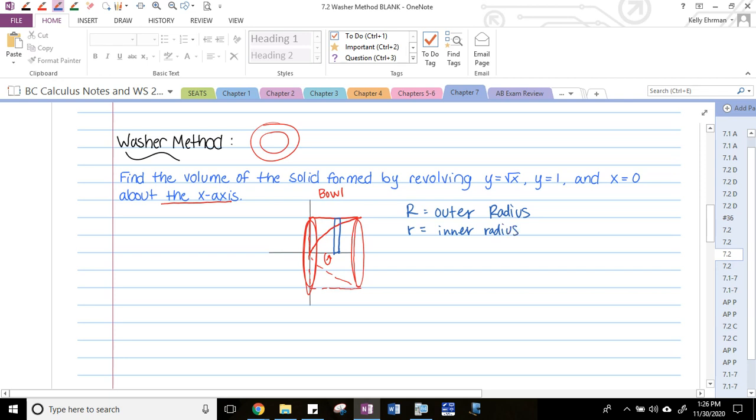And if I think about this, if I find the volume of the big cylinder, and I scoop out or subtract out the volume of this dome on the inside, then I will be left with the net volume of the overall thing. So the volume is equal to the outer volume minus the inner volume.